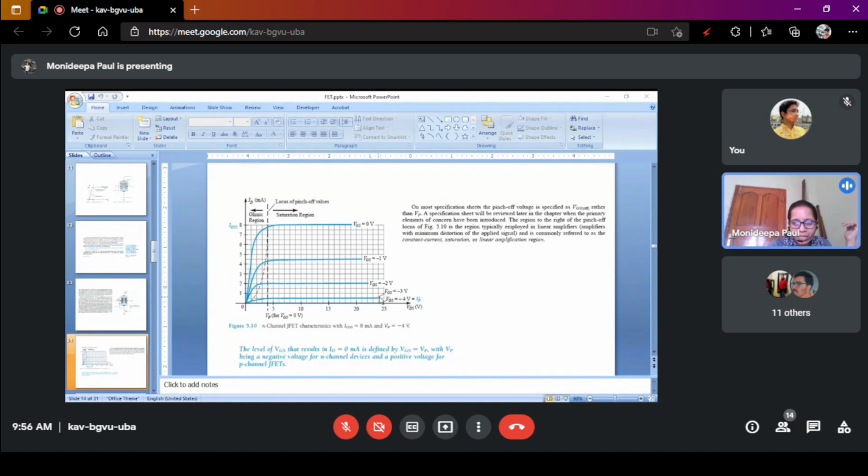VGS minus 3 volt, saturation current is 0.5, and VGS minus 4 volt, saturation current is 0 milliampere. That means no current is flowing through the channel of the FET. This is the pinch off voltage, VP.